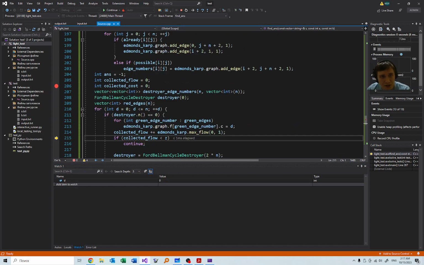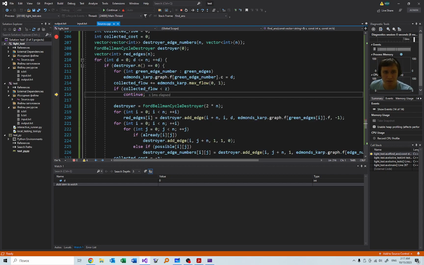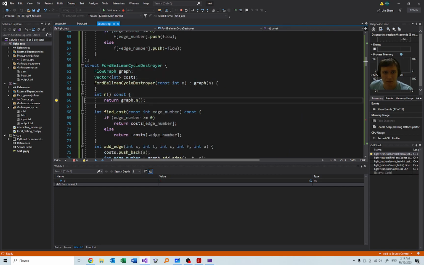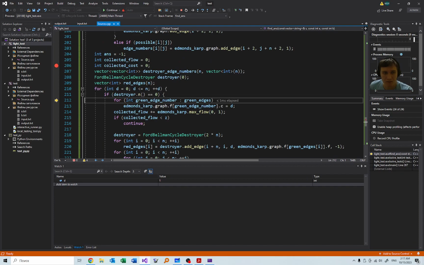So green edges are 0 and 1. So I bet it cannot. Ah, now D equals 1. Okay, now D equals 1. And now it should work. It should work.